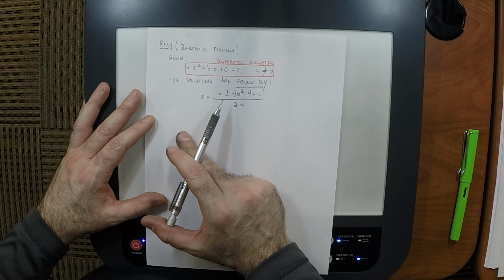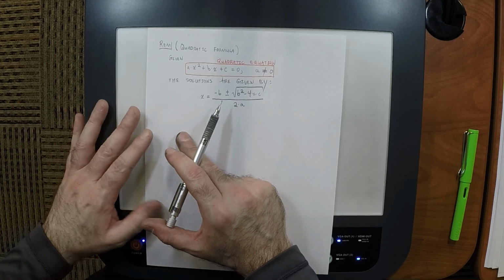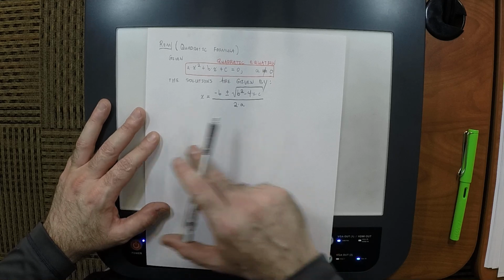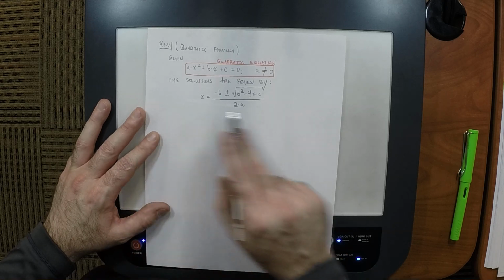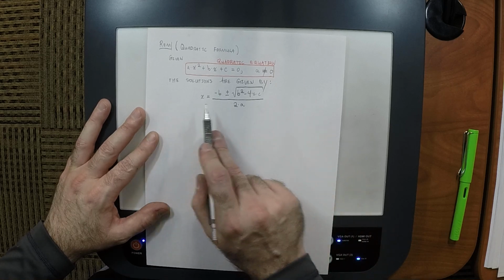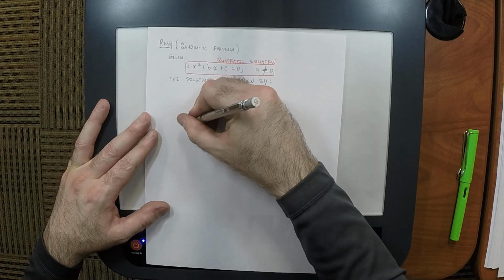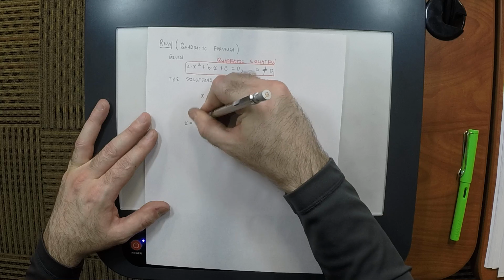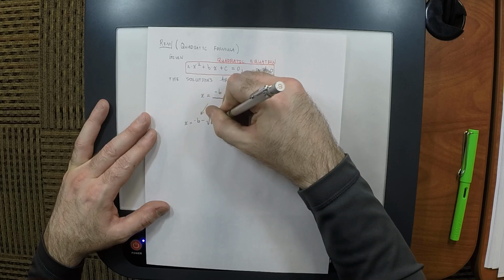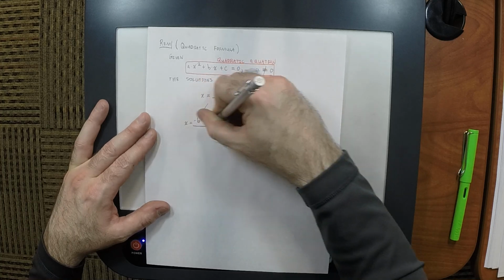And this symbol right here, plus or minus, is written for purposes of economy, so you can write a little less. But understand what it means: there's actually two equations written down here, two possibilities. Once when you write all this stuff down taking this to be minus, and then again taking it to be plus. So to be clear, I'll do that at least once here. It's saying that x could be negative b minus the square root of b squared minus 4ac, all of that divided by 2a.